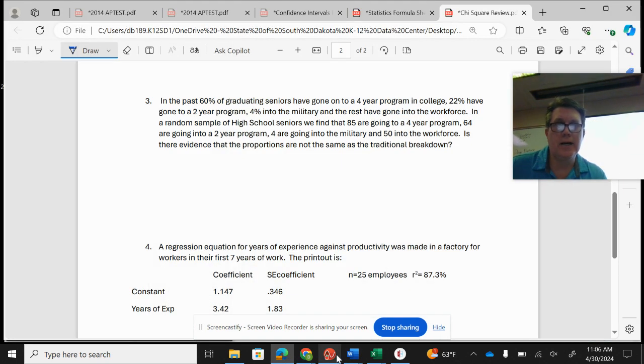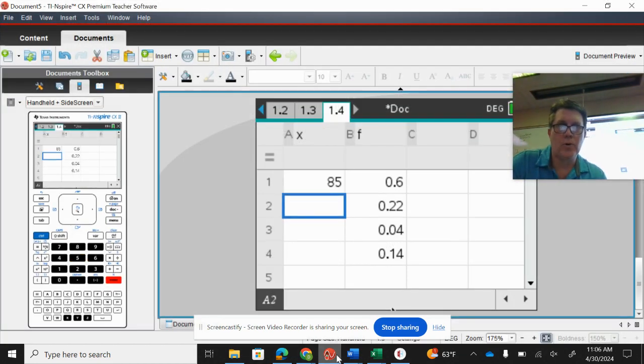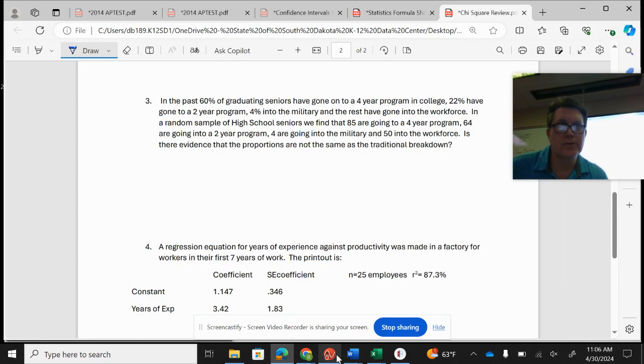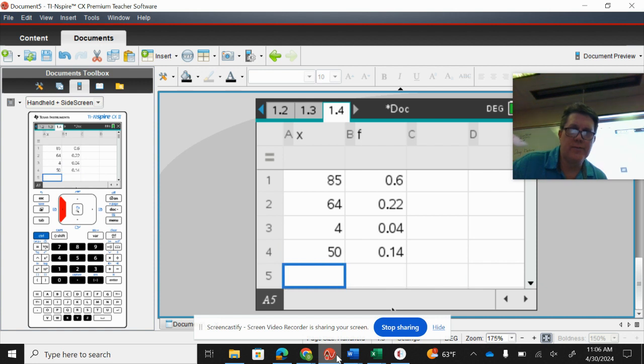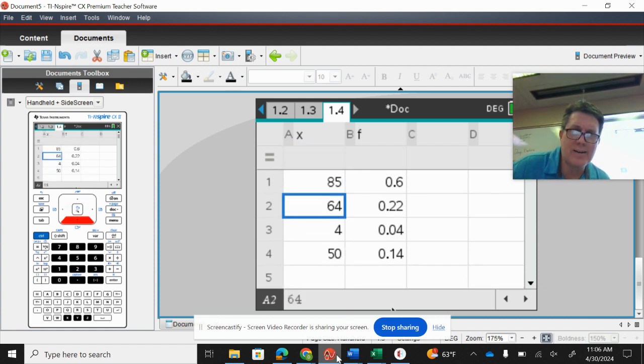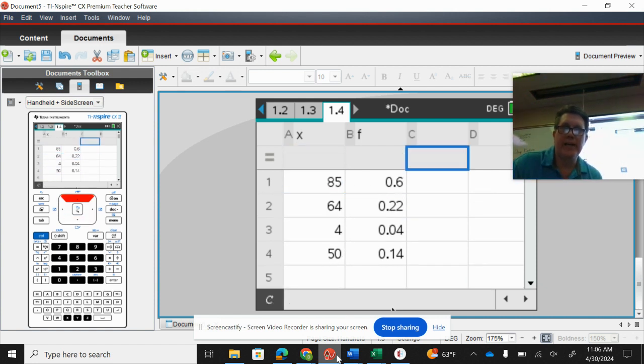Okay, so in a random sample of high school seniors, we find 85 are going into a 4-year program, 64 are going into 2-year schools, 4 are going in the military, and 50 into the workforce. Okay, now you're going to have to come up with this total. 203 is our total.